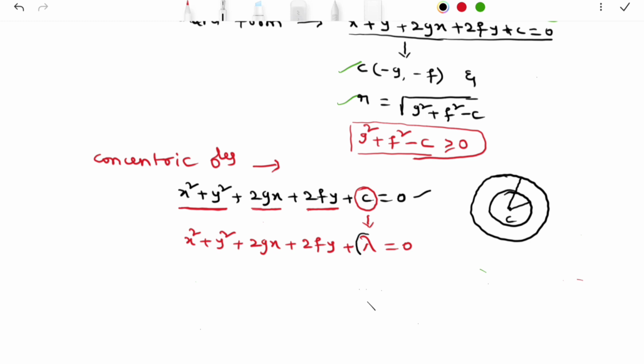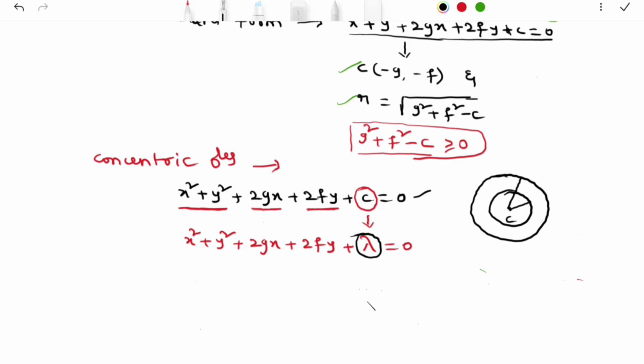Lambda is the constant. So the conclusion is: when we have any circle equation, concentric circles will differ only in their constant. That is the concept of concentric circles, right?